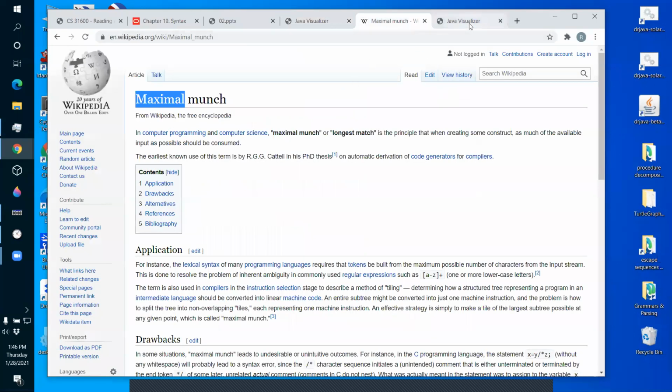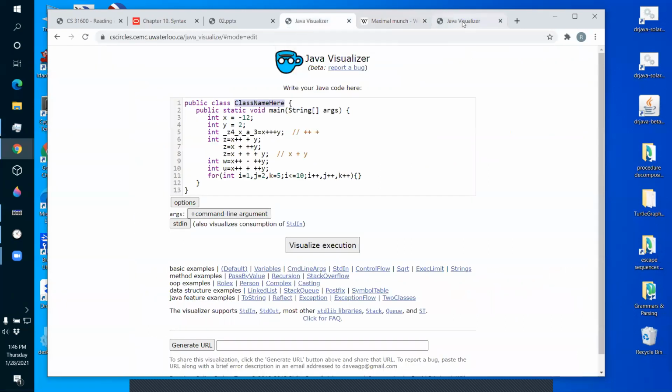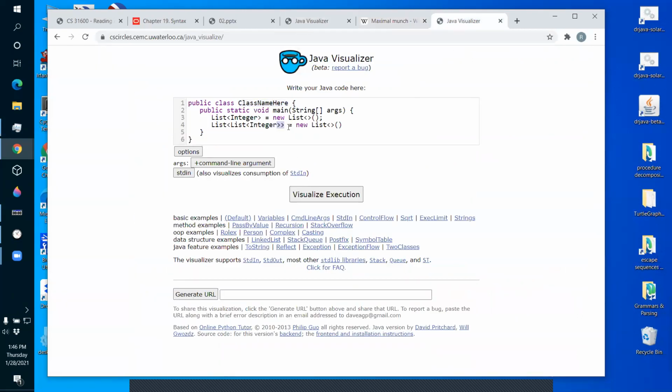Maximal munch turns out to be not the rule you use all the time. It's a rule that tokenizers can only use most of the time. But when you get to that list of lists thing, then you have to not use maximal munch. It's right here. This is not maximal munch. This one is token followed by token, so this is treated as 2 tokens.